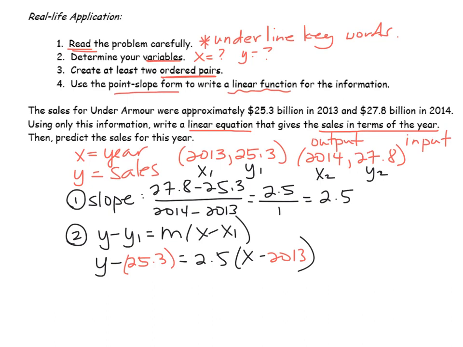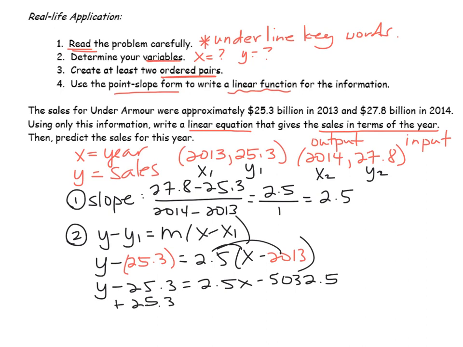There we go. From here, we'll just simplify. Notice it stays y minus 25.3, but watch what happens. When we distribute the 2.5 in, we get 2.5x, and then if I take 2.5 times 2013, I get 5,032.5. Add 25.3 to the other side.